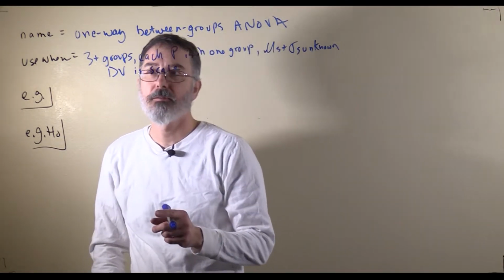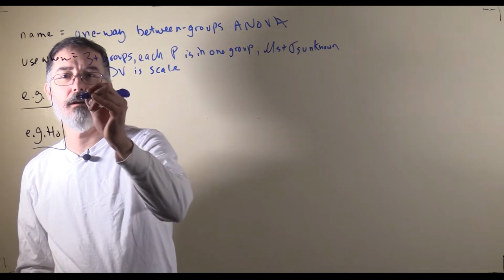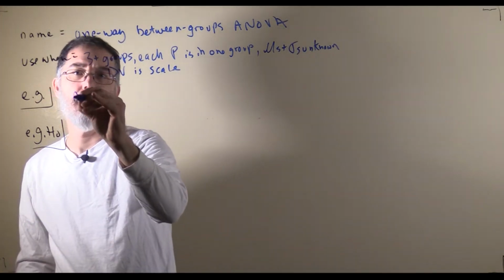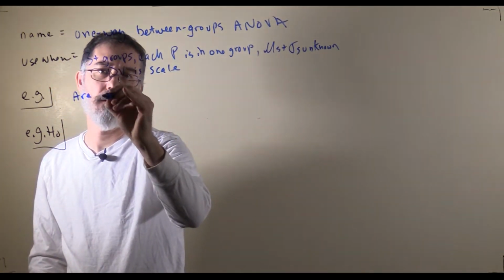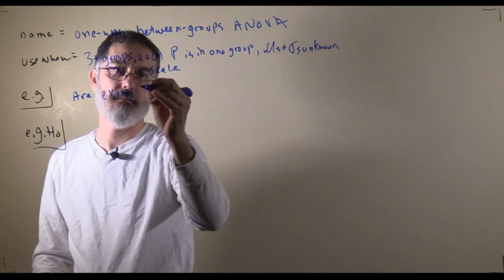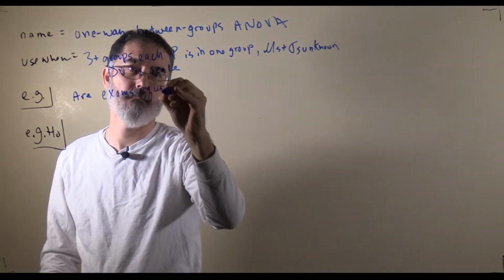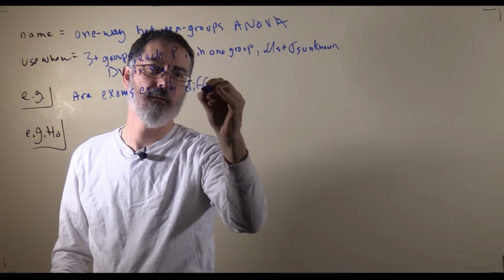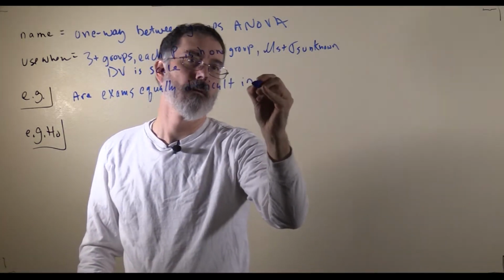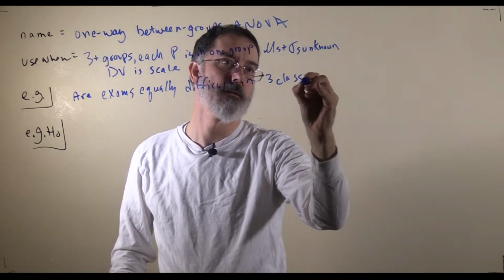And the example I'm going to use for a one-way between groups ANOVA will be: are exams equally difficult in three classes?